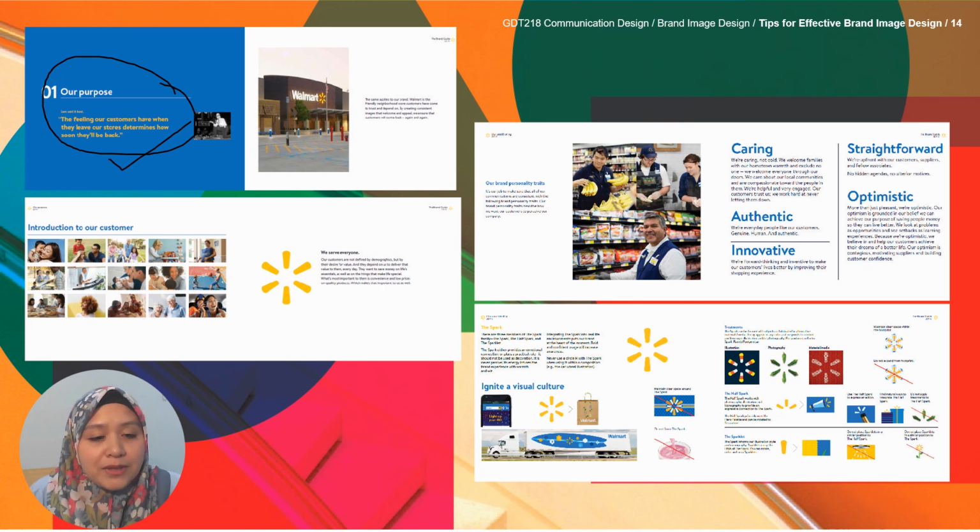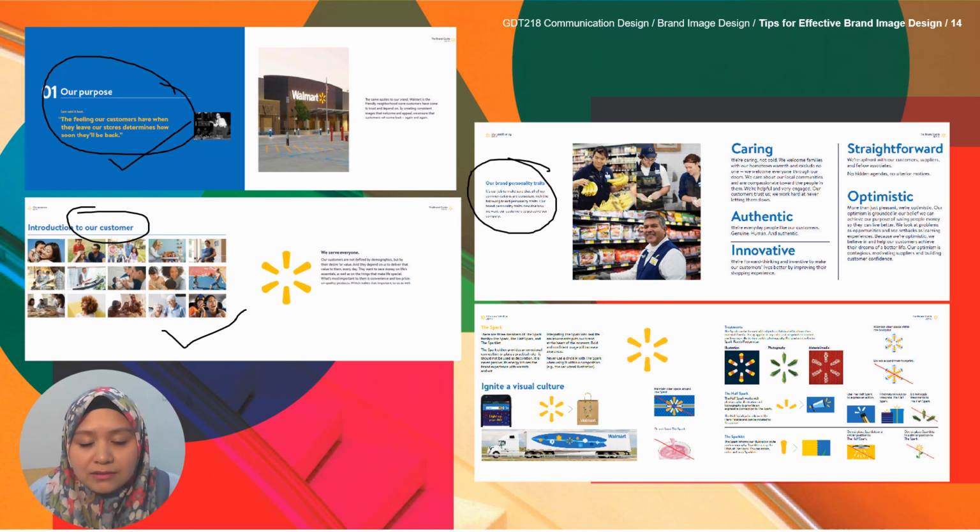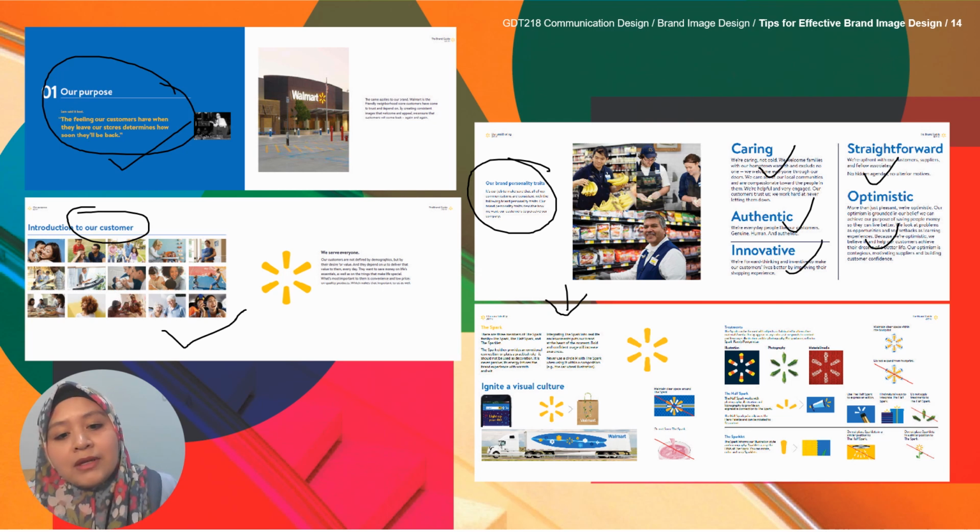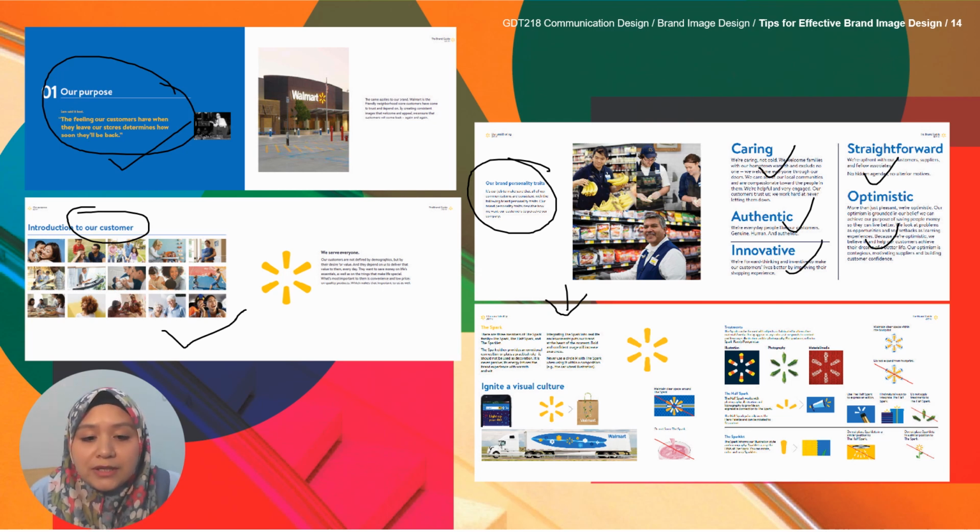And they really understand and analyze their target audience needs. So this is the introduction to our customer, and also their tone and voice: caring, authentic, innovative, straightforward, and optimistic. And the last one is their image design, which is logo, supporting graphic, design items that really enhance their brand identity design.